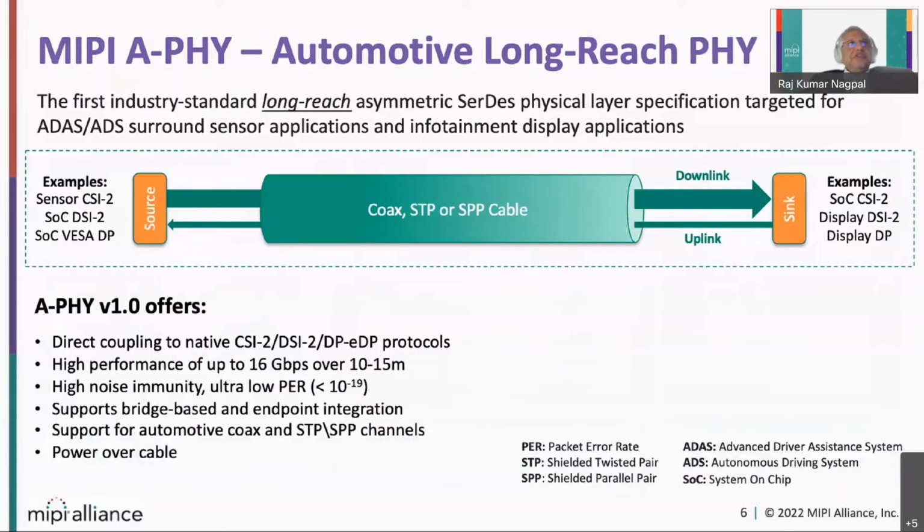Here I'm sharing how MIPI A-PHY is a physical layer which is going to have multiple interconnects, which can be coaxial line, shielded twisted pair, or shielded parallel pair cables.